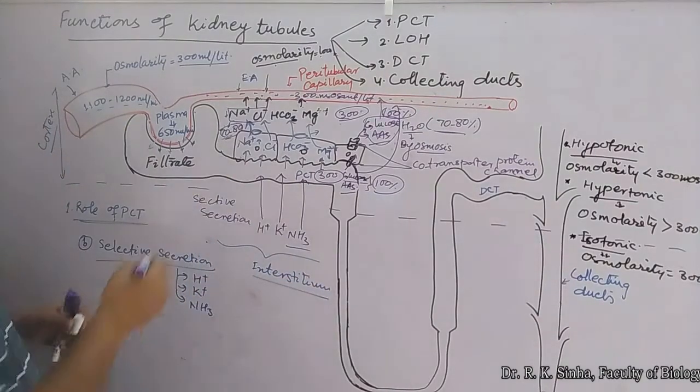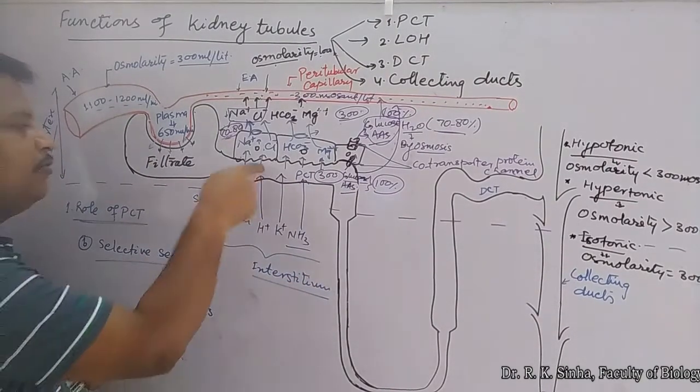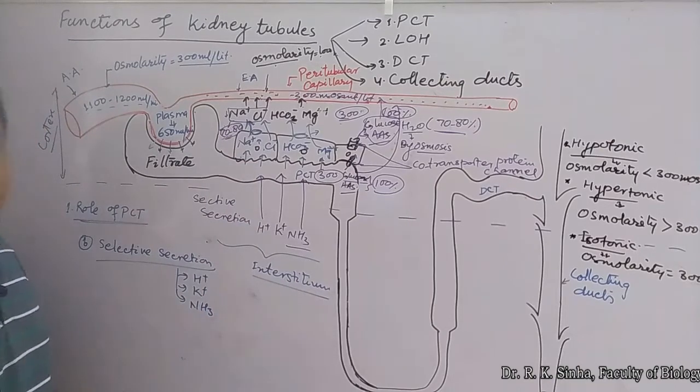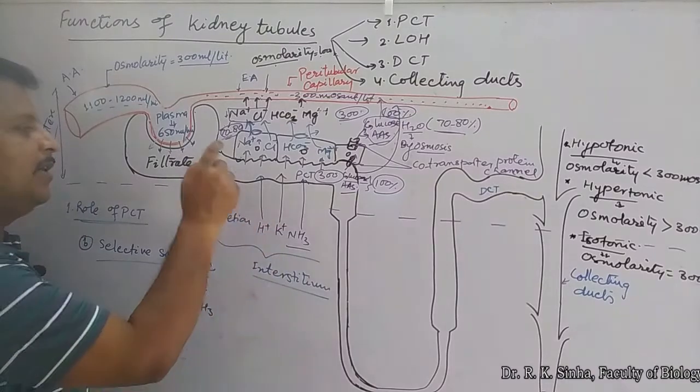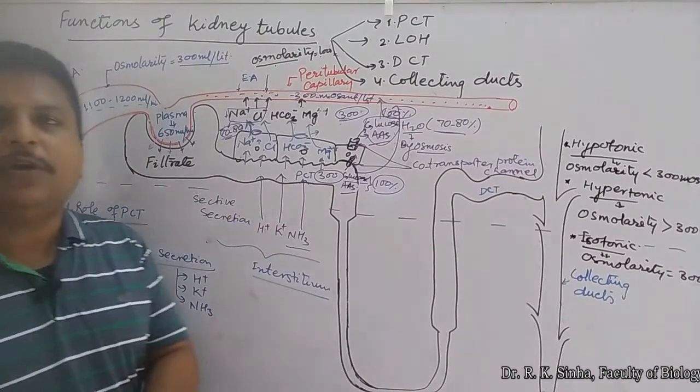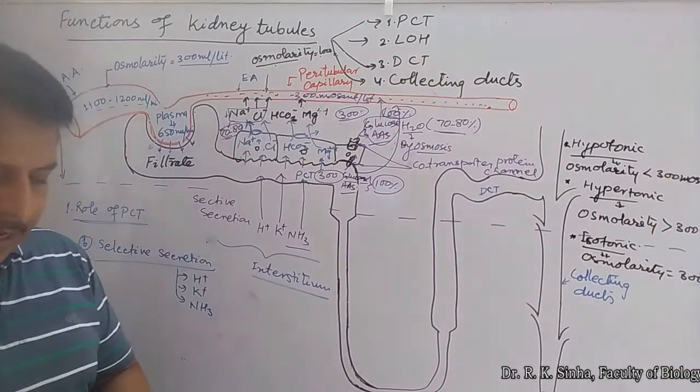That's why they will be selectively secreted into the peritubular capillary to maintain the pH and osmolarity of the body fluid. Okay.